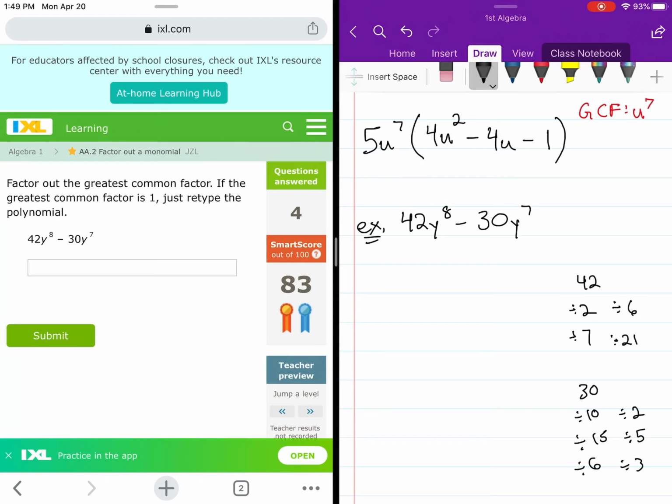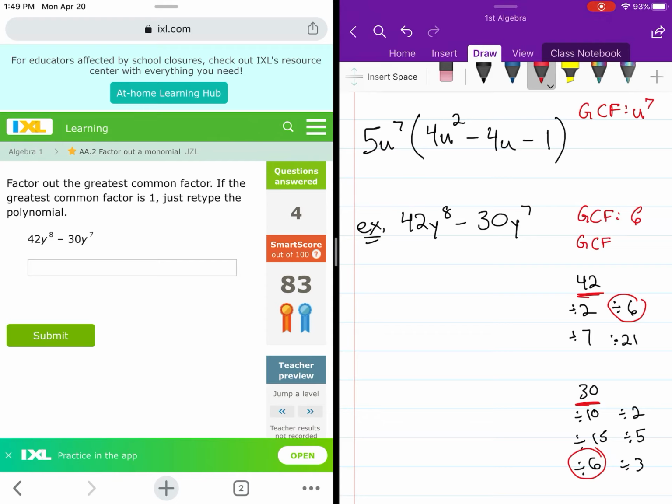For some of these, you're going to have to do the same. And we're going to find what is the greatest number that divides both of these together. So what divides the 42 and the 30, but the largest number for both of them. So for this one, it'll be 6. So my greatest common factor for this expression will be a 6 for the number.